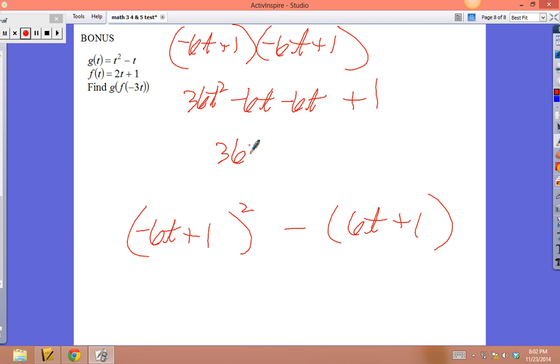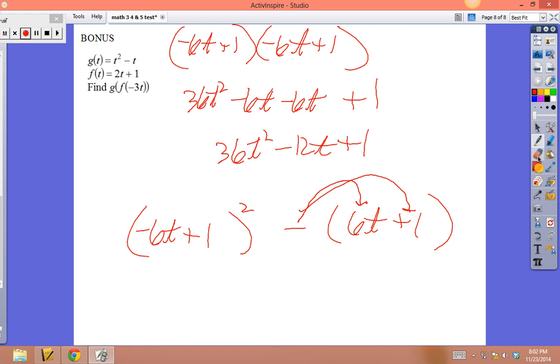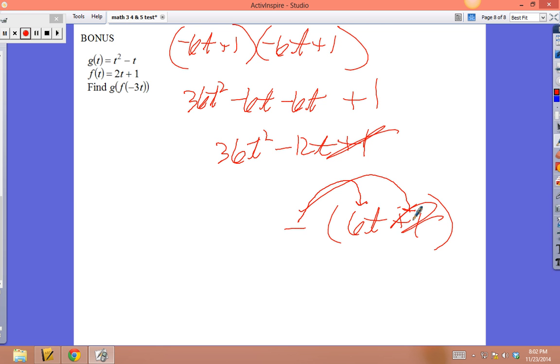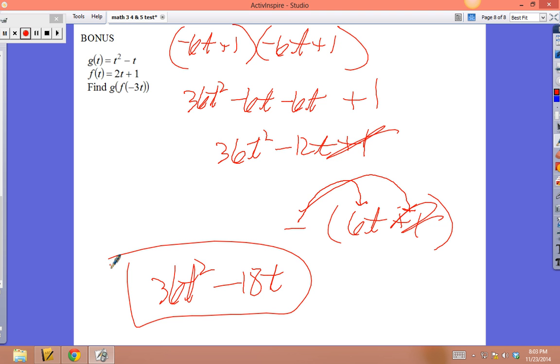So 36t squared minus 12t plus 1. Now I got to minus the 6t, and I got to minus the 1. So 1 and a minus 1, those are going to zero out. So those are gone. A negative 12t minus 6t is a negative 18t, and then 36t squared. So it should clean up to that.